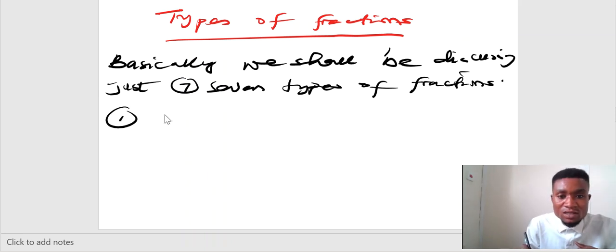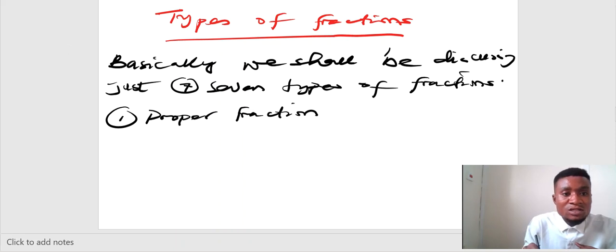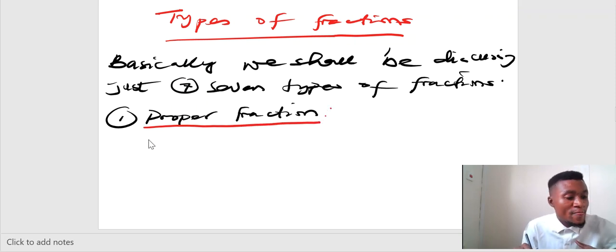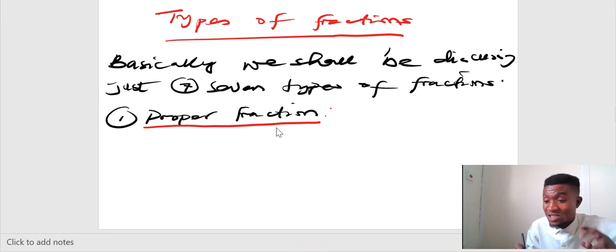So number one, we have what is called the proper fraction. Now, in this proper fraction, we say that the numerator is less than the denominator. It's a form of fraction in which the numerator is less than the denominator.